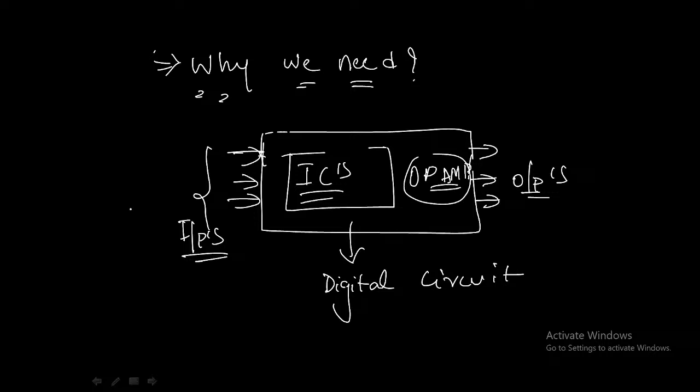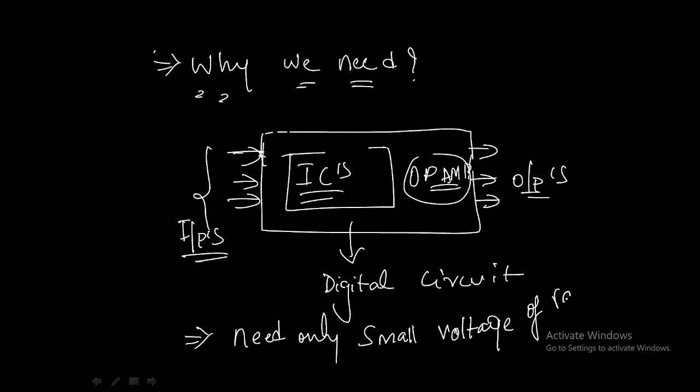We already know that digital circuits need only small voltages, in the range of 0.5 volts to 2 volts.